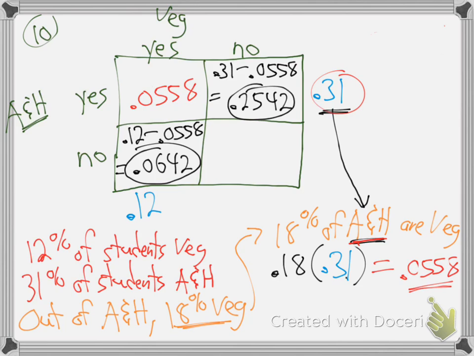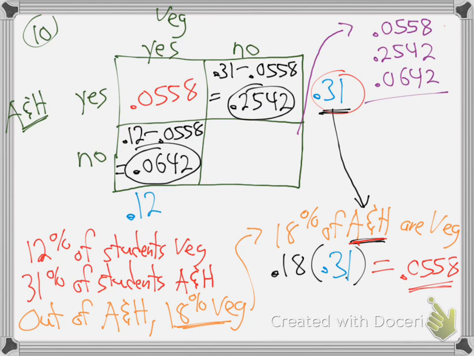And how do we get the final box? Yeah, add them all up and subtract from 1.0, huh? Yeah, 100%, 1.0 decimal. Exactly. So to get that final box, I'll come up here and I'll add 0.0558, 0.2542, 0.0642. Add them up. Just going to use my calculator.